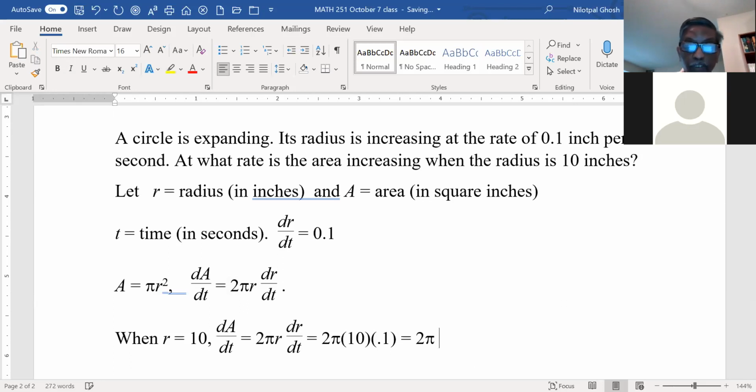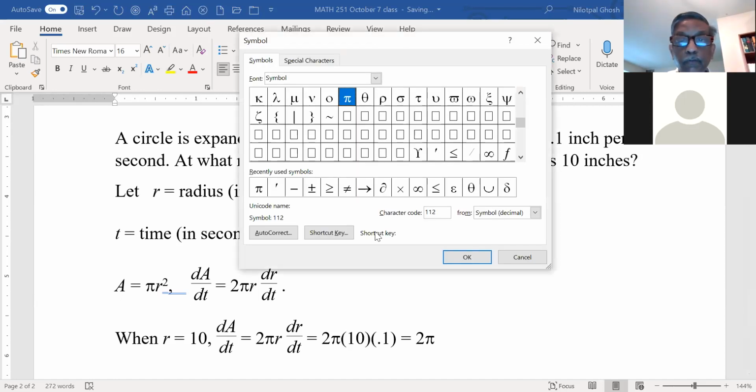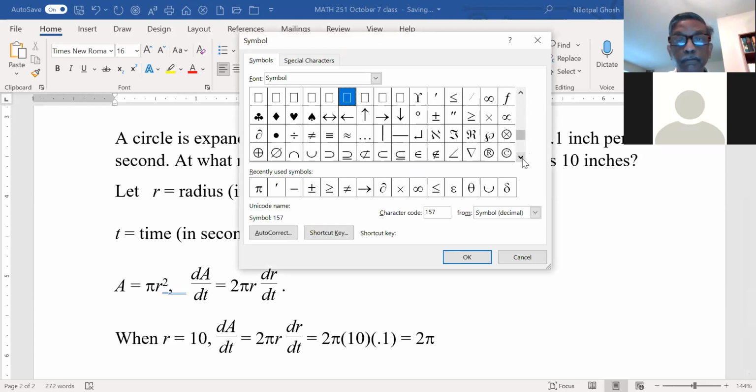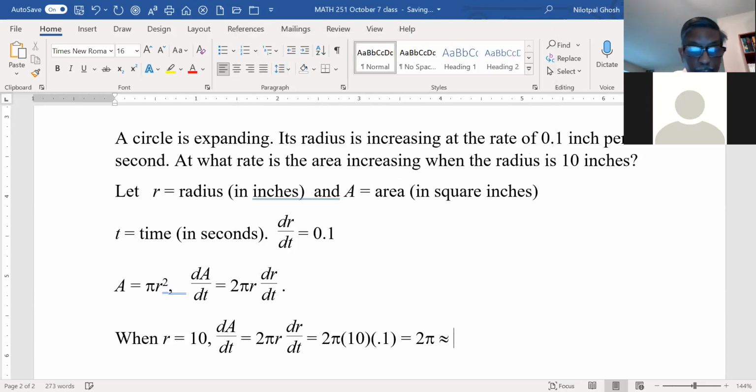Which is approximately equal to, but you don't have to, you can just leave the answer as 2 pi, but it is approximately equal to 6.2832.